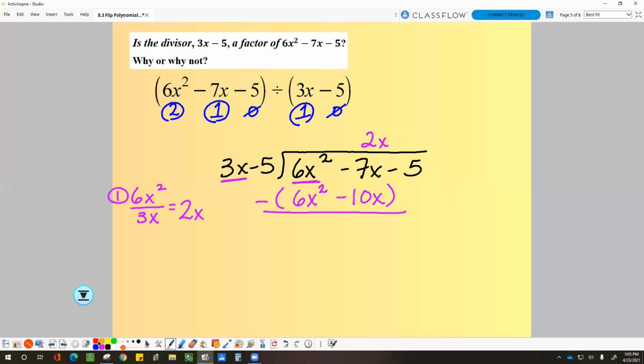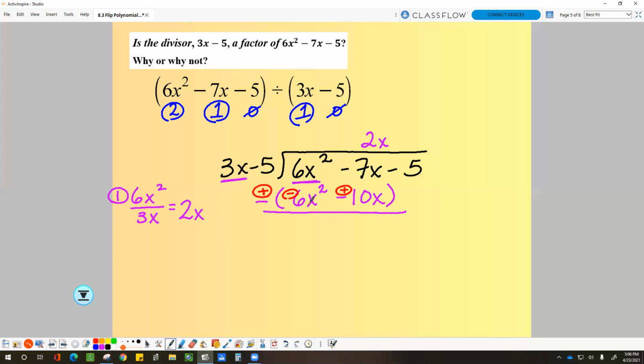So I distribute the negative 1, this negative 1 that's out here, into the parentheses. And the way I show that when I'm working is I change this to positive and I change the signs of the terms inside the parentheses. I distribute that -1 in. Then I combine like terms.